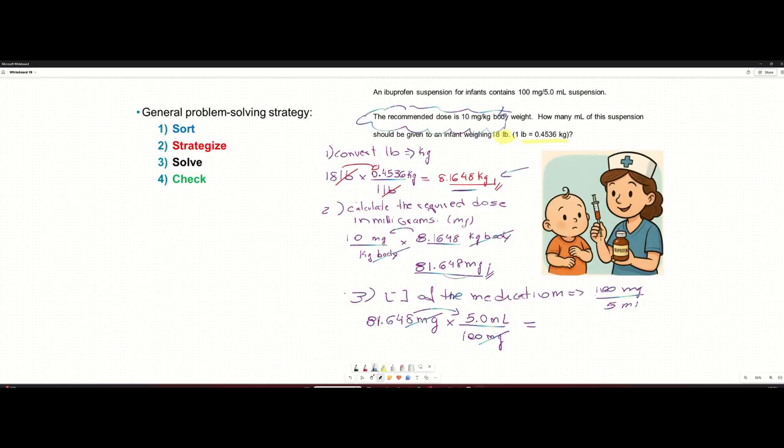So 81.648 times 5 divided by 100 will give me 4.0824 milliliters.